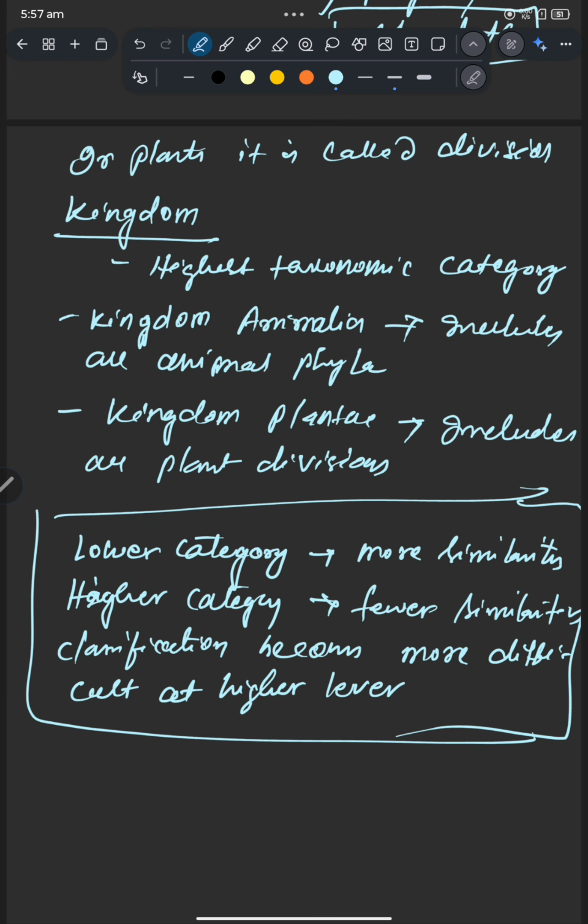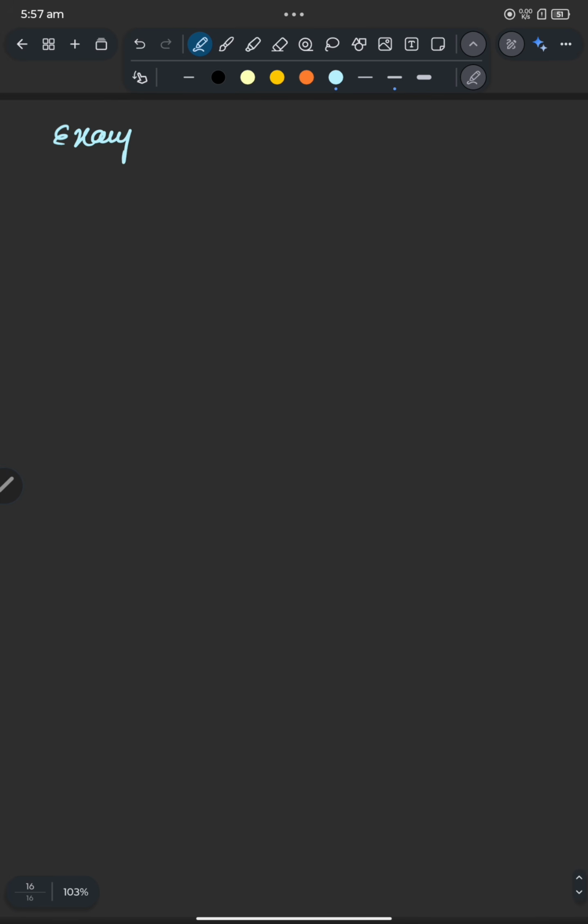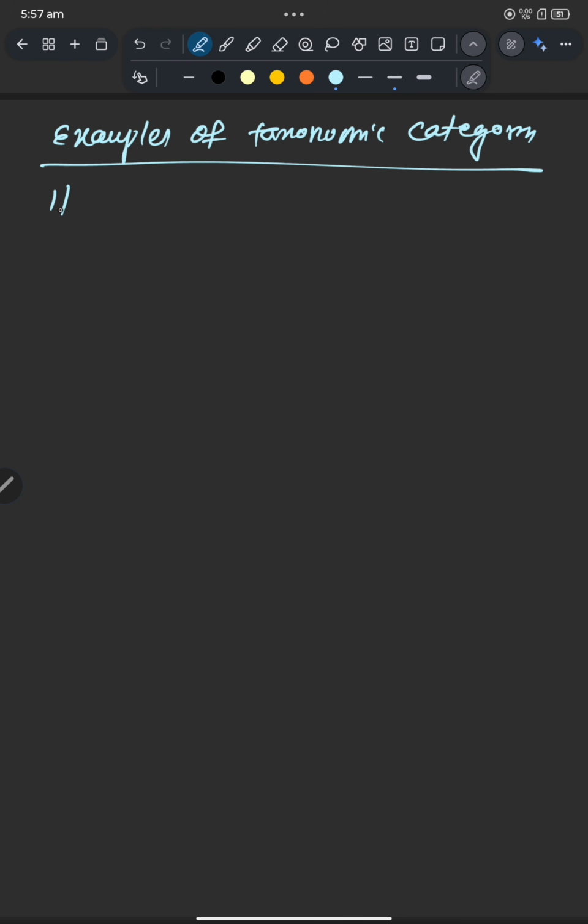Okay, then some scientific names are given as per your textbook only. I am giving you examples of taxonomic categories. So let us take human. These terms are a bit difficult, but you have to remember. Scientific name is Homo sapien.